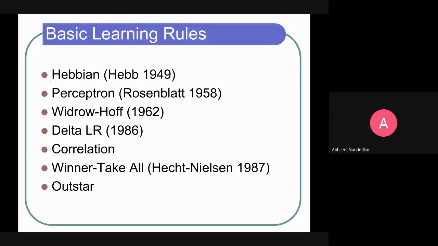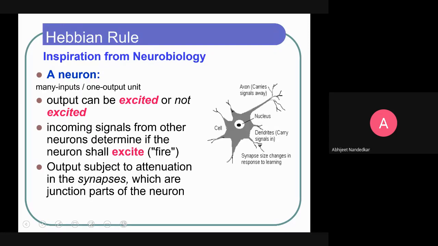The very first learning rule is called Hebbian, proposed by Hebb in 1949. What this Hebbian learning rule is, it is inspired from the biological neuron.